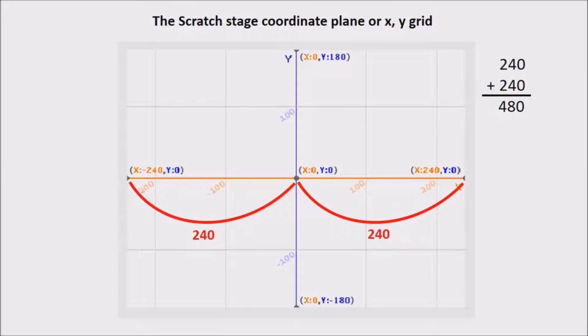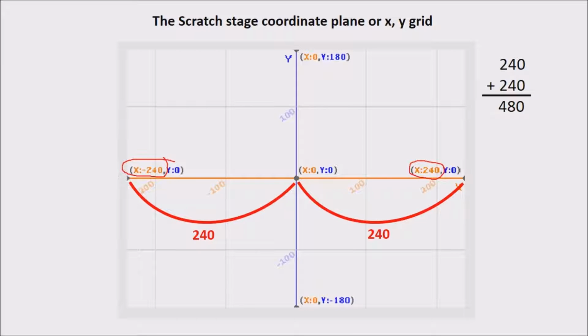So this is what the XY grid will look like in Scratch. The x-axis goes from negative 240 to positive 240.